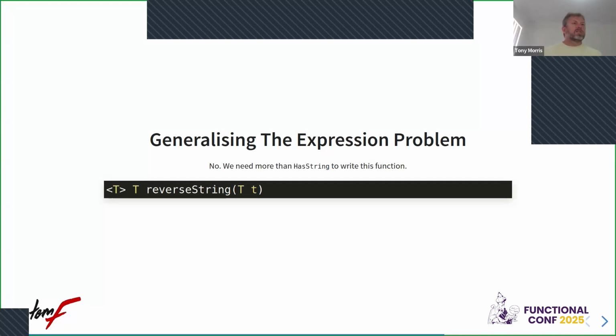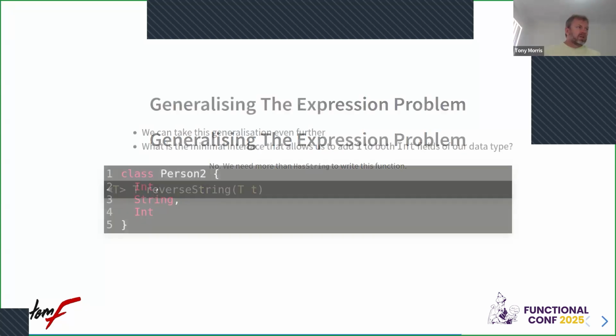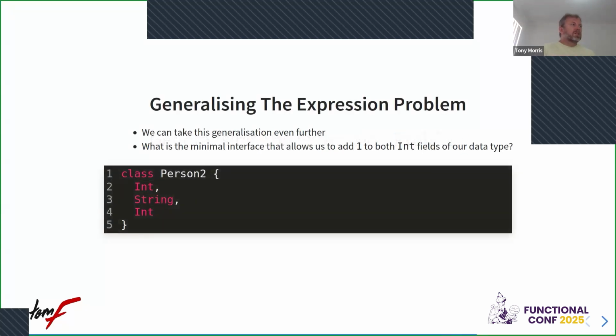So that interface is minimal, but too small in order to write all of our functions. Again, we want to be able to write all of our functions. It's too small. So we can take this generalization even further. We want to be able to write functions over this data type, person 2, where we add 1 to both int fields of the data type.